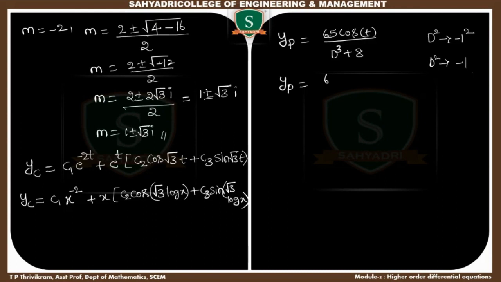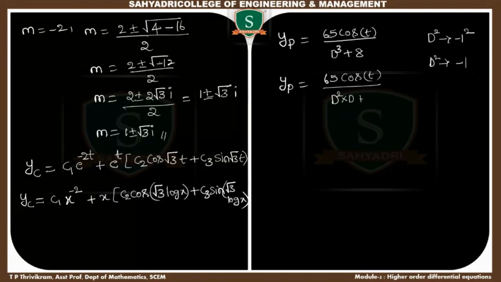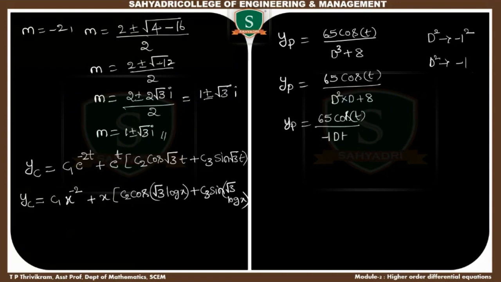So 65 cos t can be written with D square into D plus 8, and D square should be replaced with minus 1. So yp is equal to 65 cos t divided by minus 1 D plus 8, which is nothing but 65 cos t divided by minus D plus 8.